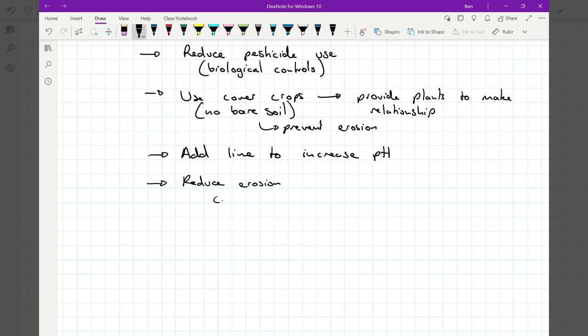We can do contour ploughing, where we plough across the slope, not up and down it, and zero tillage, where we don't actually plough the ground, we leave plant residue in place like stubble, and then plant through that with sort of a blade sower.